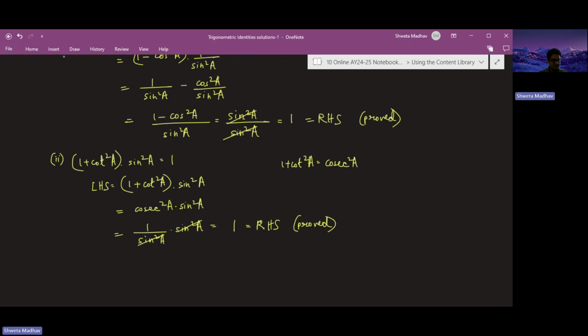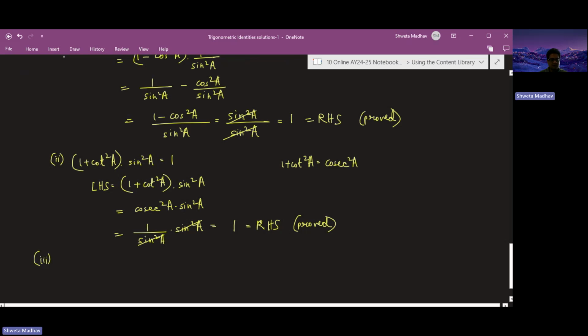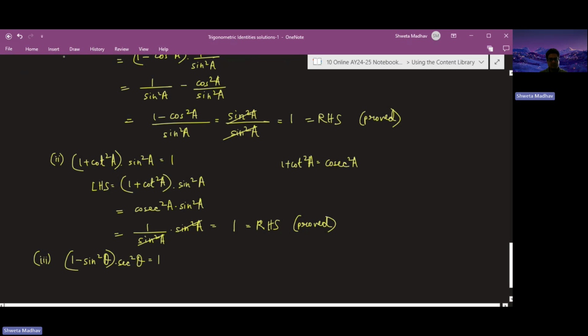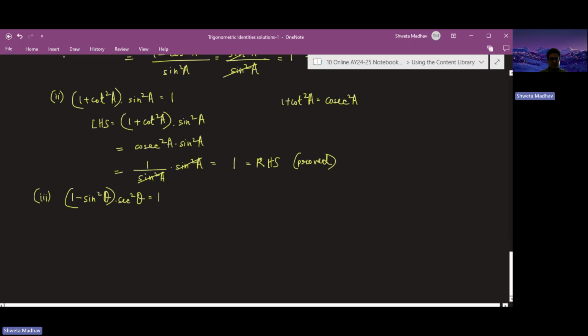Then in the third part, we have been asked to prove that (1 minus sin square theta) into secant square theta is equal to 1. So this we have to prove. Therefore the left hand side is 1 minus sin square theta.